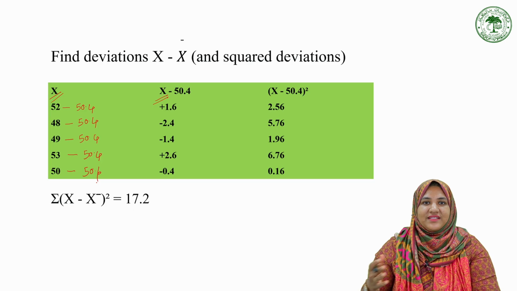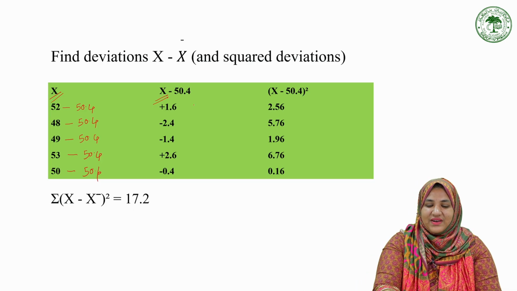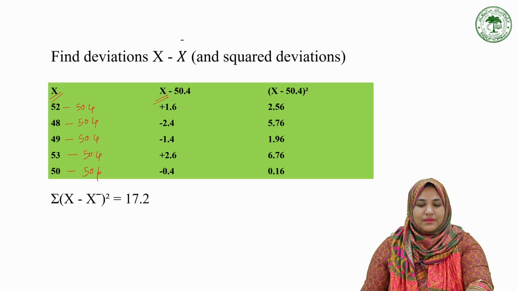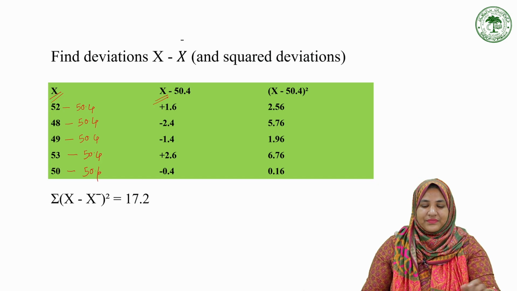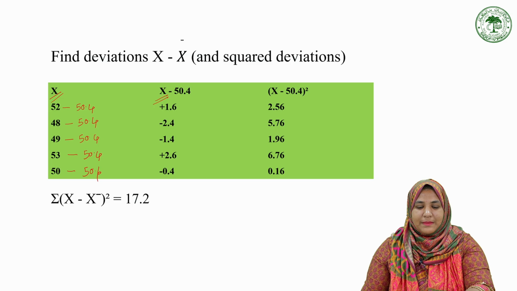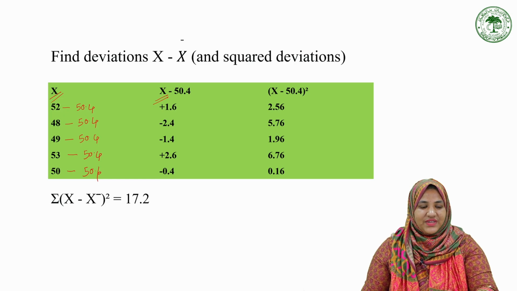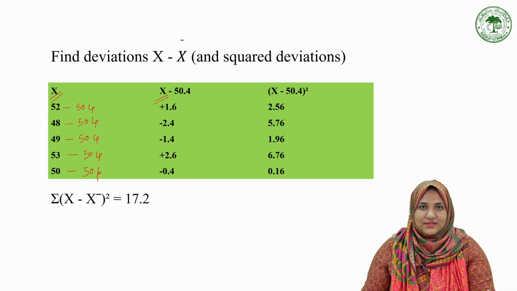We do the subtraction over here, and then we get these values: positive 1.6 because 52 is greater than 50.4, and 48 minus 50.4, of course, will be negative: minus 2.4, minus 1.4, plus 2.6 and minus 0.4. These are the values that we get when we subtract the mean from the score. Clear? So far so good.